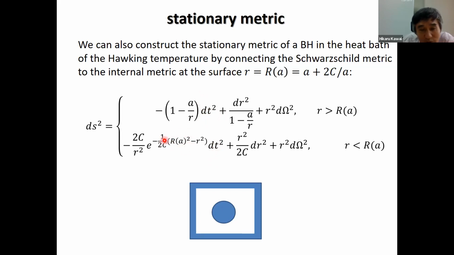Okay, this is just a constant. So this is a metric. And again, as we have seen, at r equal capital R, this one is replaced by this. So this is connected smoothly. And also this one is connected to this, and this one becomes 1. So again, we can make a metric of the entire region.